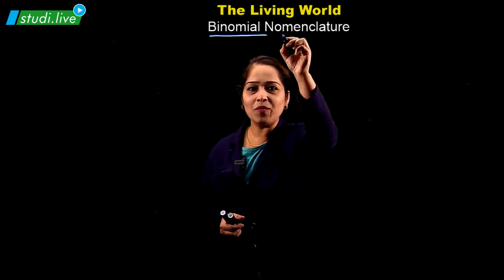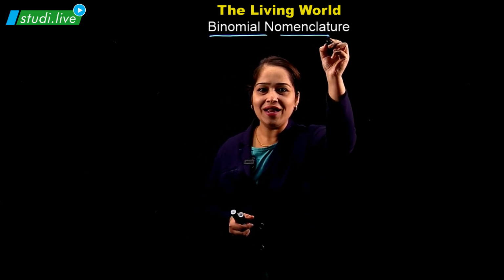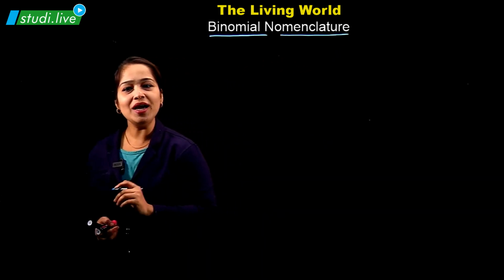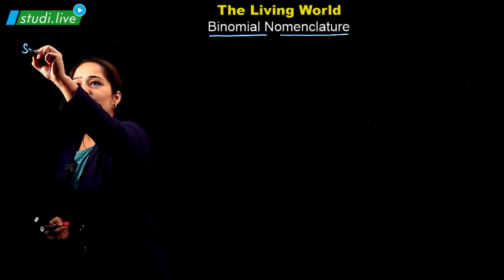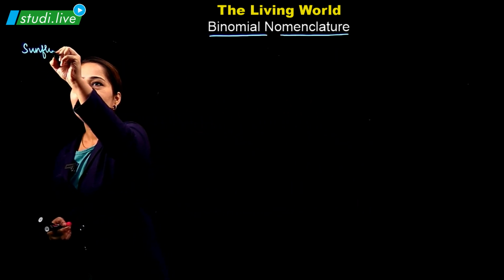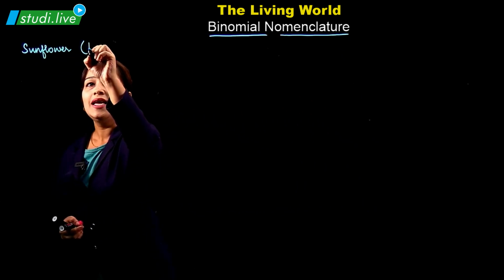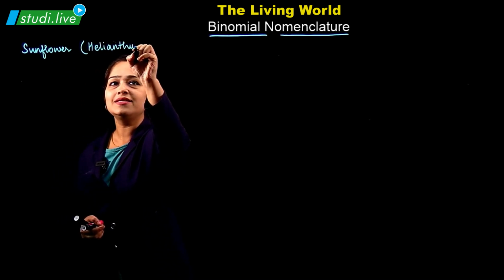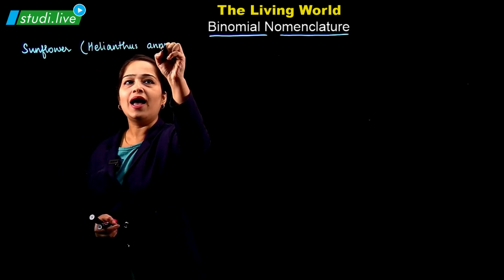So this topic, which is binomial nomenclature, let us start with an example over here. We are taking the example of sunflower, which is known as Helianthus annuus.